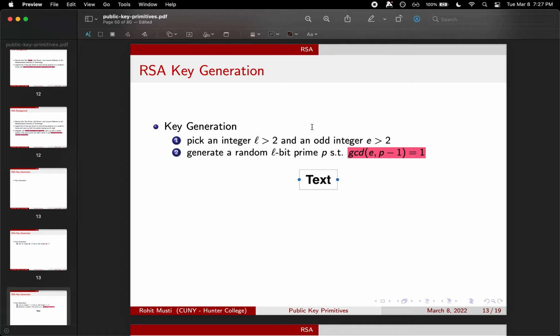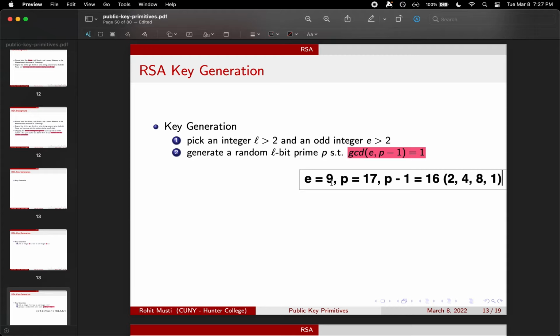So you can imagine if E equals 9 and P equals 17, then P minus 1 equals 16, whose factors are 2, 4, 8, and 1.